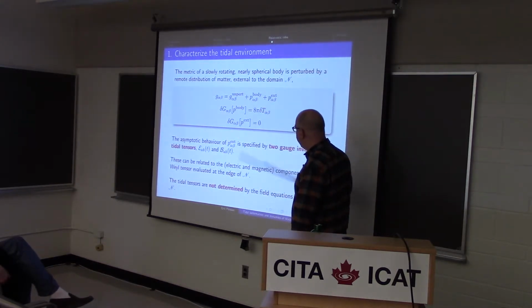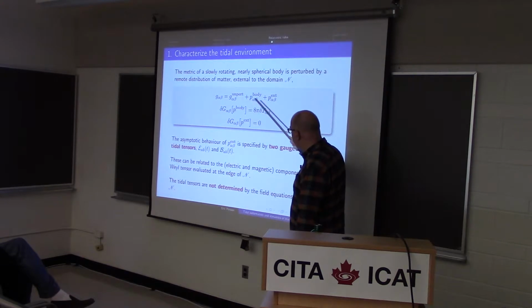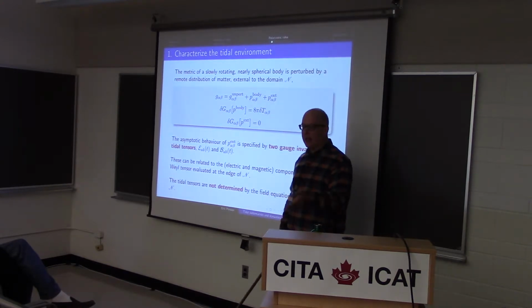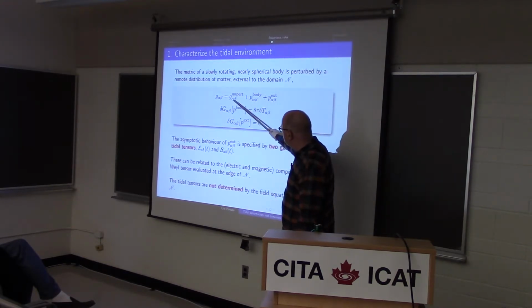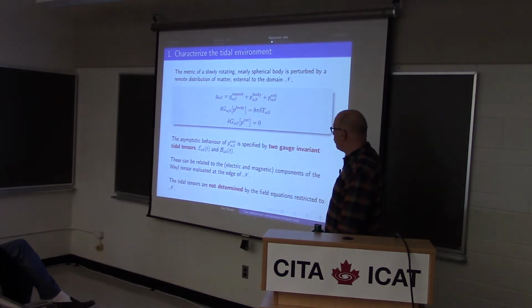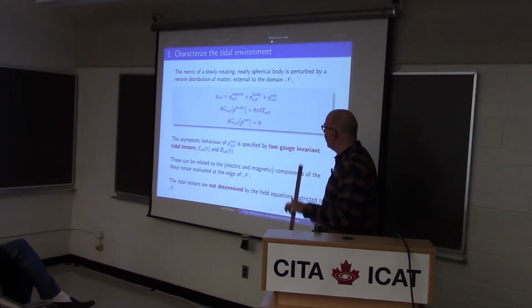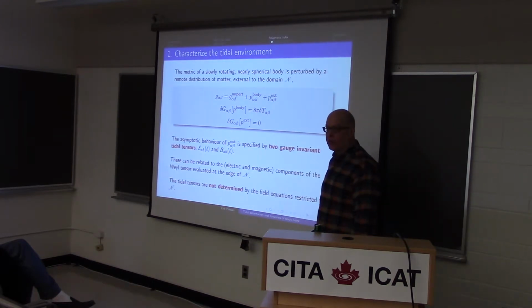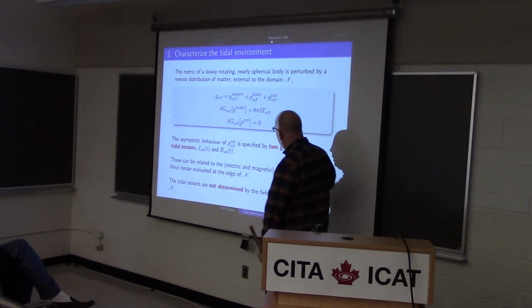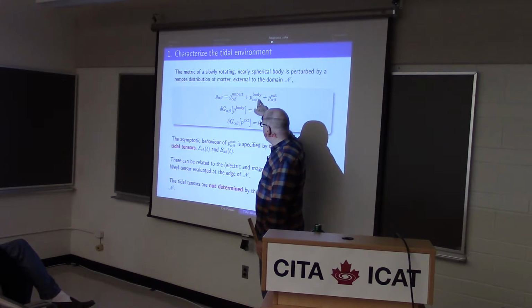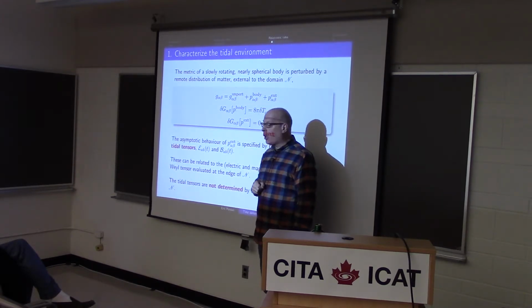But that perturbation is weak, and I can obtain it by solving the linearized Einstein field equations around the metric of my unperturbed body, which is my slowly rotating, otherwise spherical body, because I'm ignoring, as I did previously, the rotational deformation. I split the perturbation in terms of a body piece and an external piece.